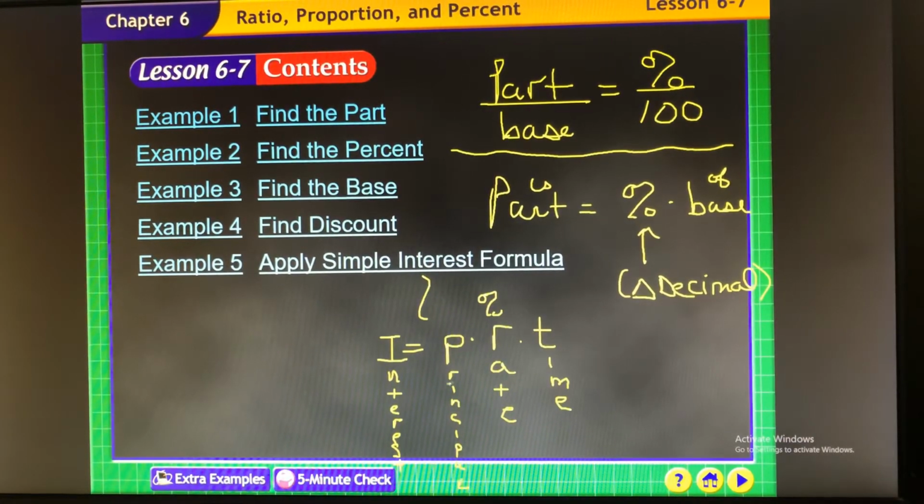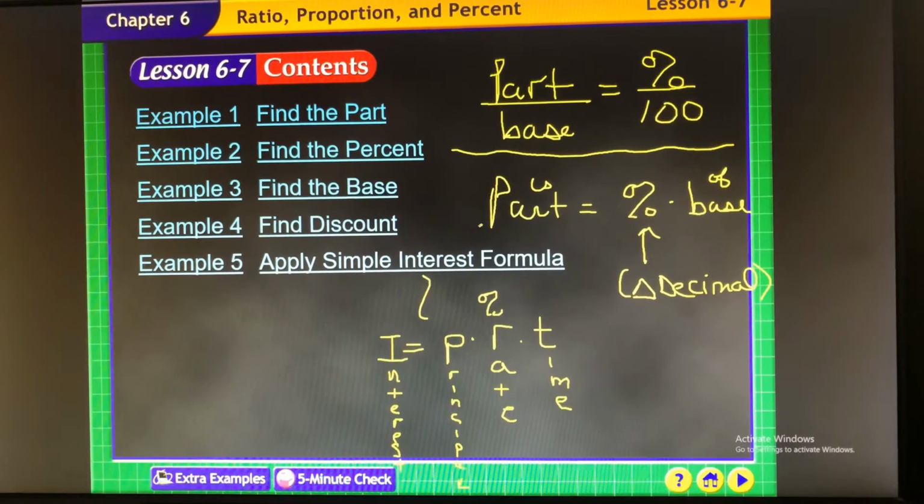So basically it's like when you're doing an investment at a bank. So you put money into a bank, they give you a certain percentage on your money that you invest, and over time you earn interest. So when we get to this, I'll give you 3 of these and you will have to find the missing one. So again, make sure you know algebra.